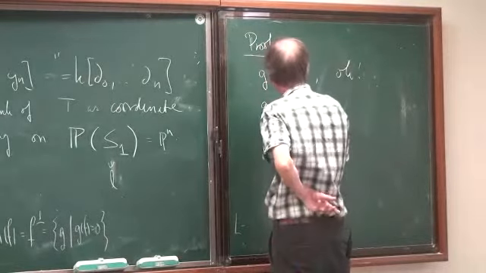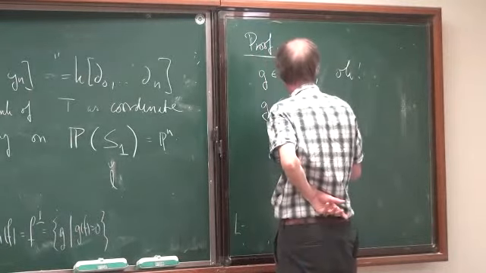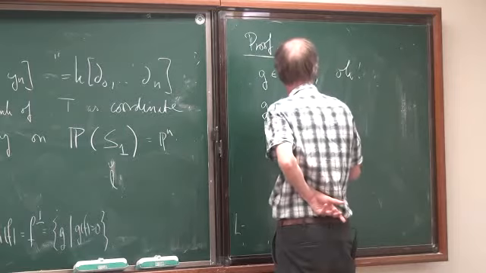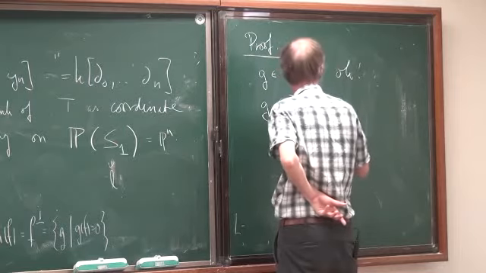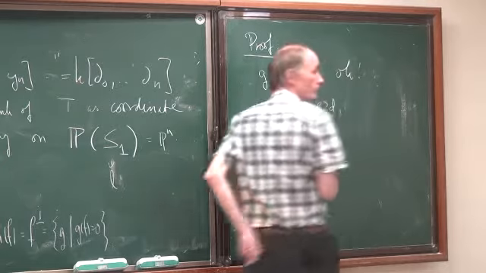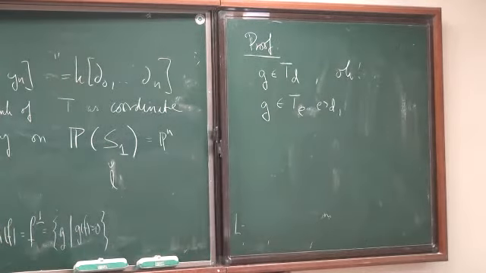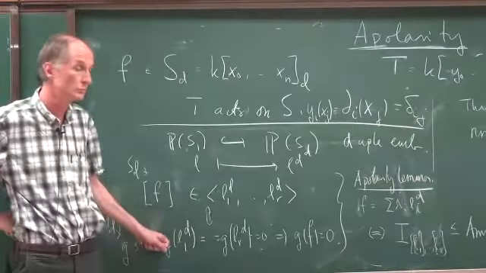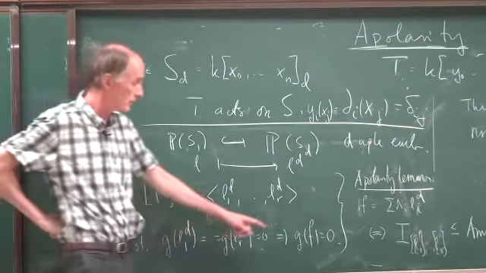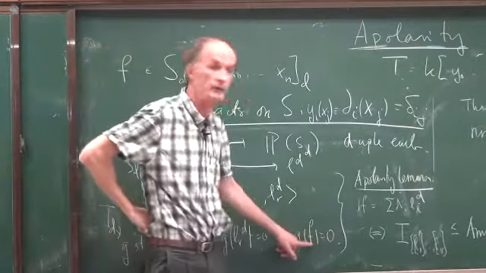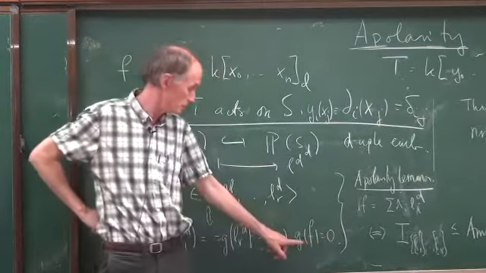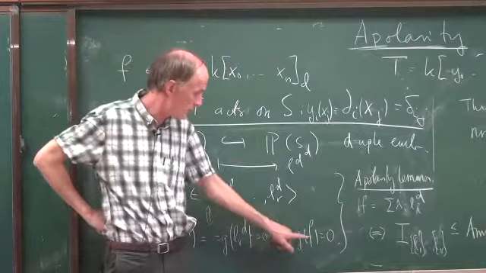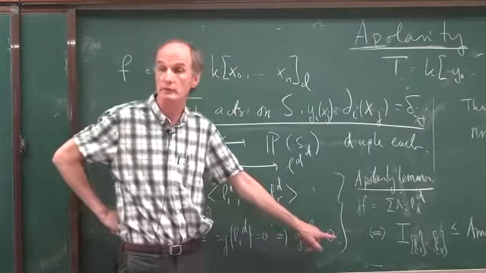If G is in degree bigger than D, if G here kills all of these and G is in degree bigger than D, then when you move over to this side here, you see if G has degree bigger than F, it will always kill it.